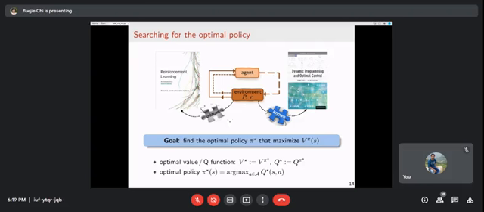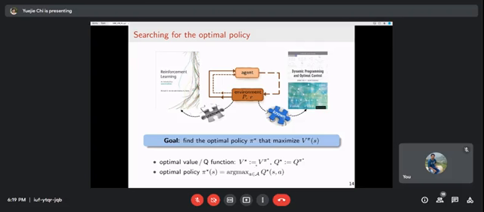However, in reinforcement learning, often the environment is unknown, and we need to be able to simultaneously either estimate the environment explicitly or implicitly while figuring out the optimal policy.